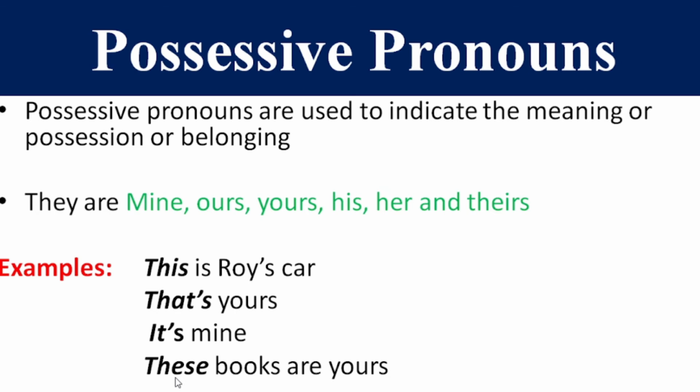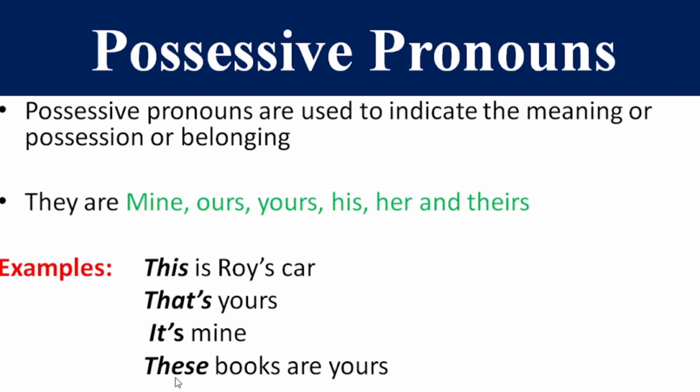Generally we make mistakes when we use possessive pronouns in our language. So dear all, here we have to remember one thing, that possession can be indicated by placing an apostrophe like Raju's, that's, it's. So this we have to remember.